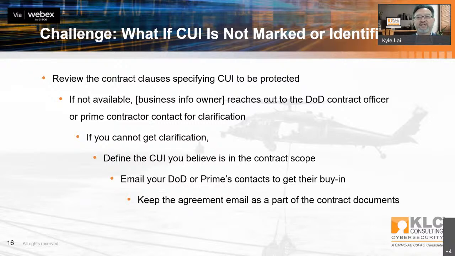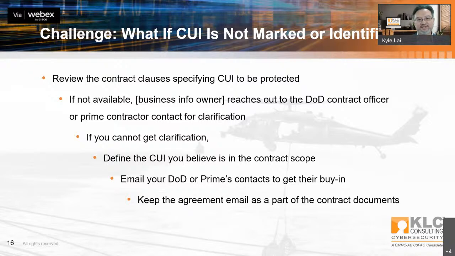So you have to take that initiative, because otherwise, if you are relying on your prime contractor contact or your DoD contract officers, sometimes you will never get to that resolution, right? But if you put together an email and send it to them, saying, hey, we have done our homework. Based on the CUI registry, this is what we defined should be CUI within our contract. We are going to protect them as specified within the CUI registry. Are you okay with it?